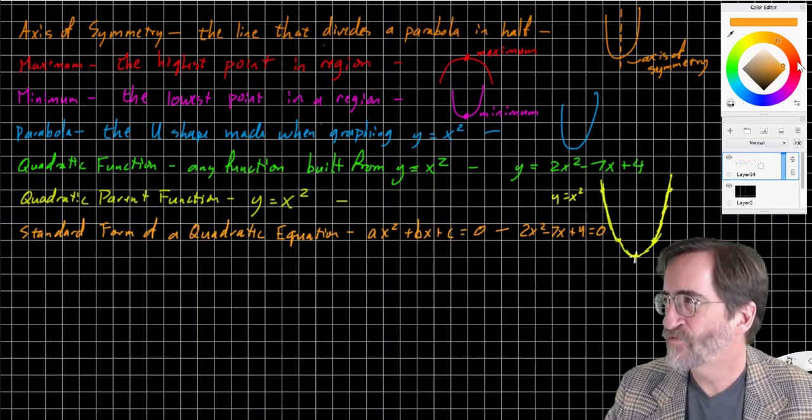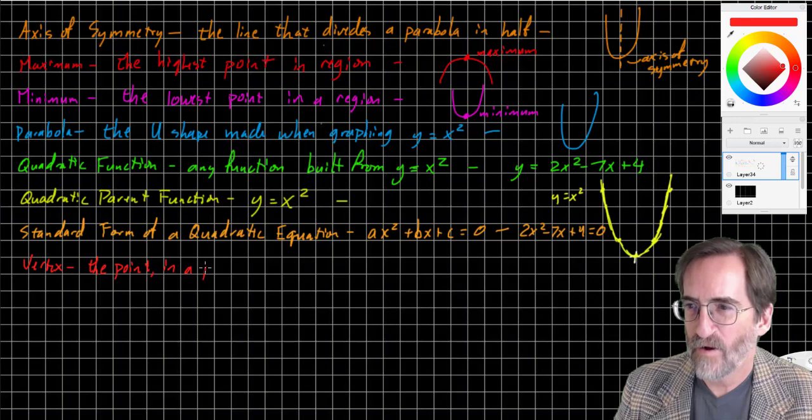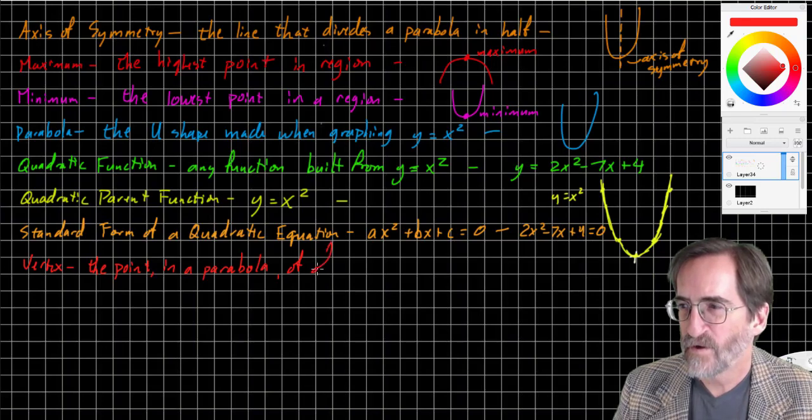Vertex. The point in a parabola of greatest curvature.